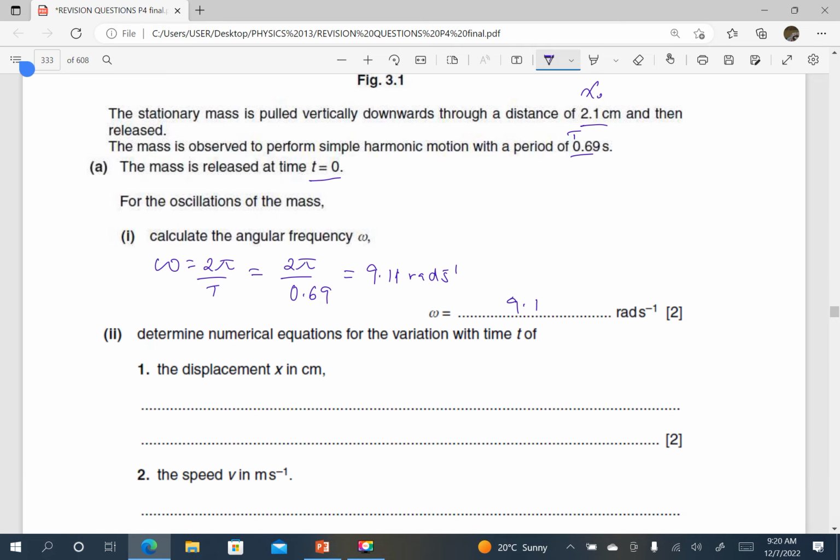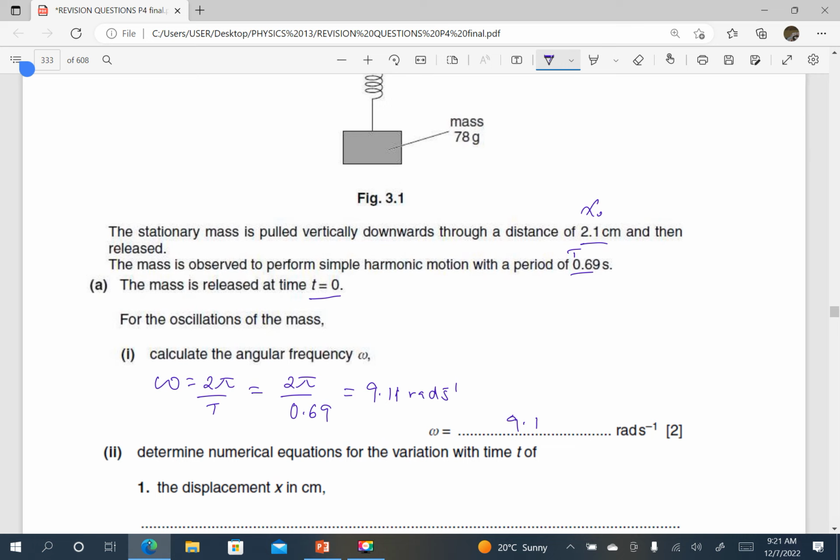Determine the numerical equation for the variation with time t of the displacement x in centimeters. Remember, they said it is displaced vertically by this distance and then released. It is released at time t equals 0. So we are saying that time t equals 0 when it is at maximum displacement.